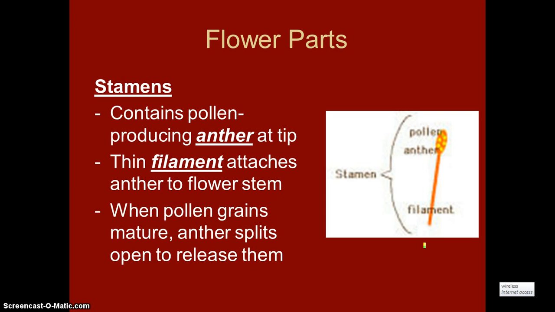Now, the filament is the stalk that holds the anther way up into the air for the hope that when the pollen grains mature, and for those of you who have allergies, you'll know what I'm talking about, when those pollen grains mature and the wind comes and can carry it, the filament has to stick way out there to have the pollen grains exposed to the wind.